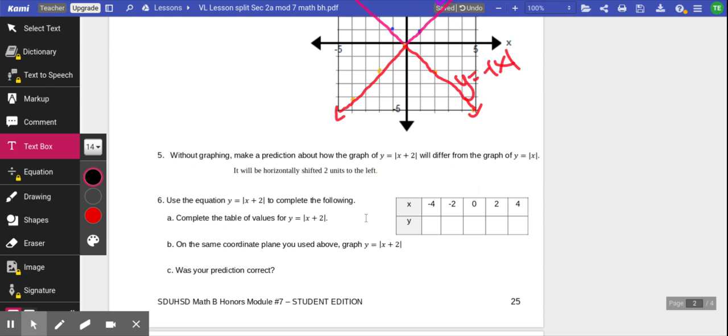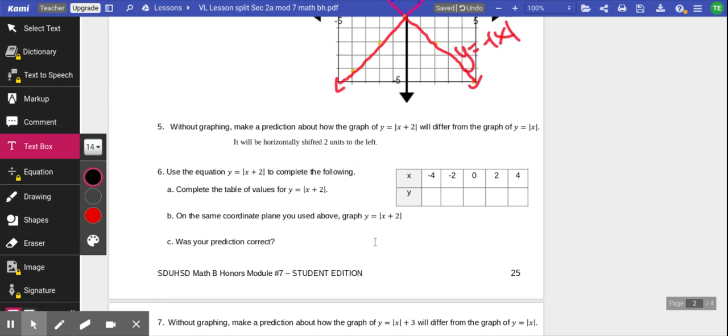So here we're going to complete our tables and double check it. -4 plus 2 is -2, and the absolute value of -2 is 2. -2 plus 2 is 0, and the absolute value of 0 is 0. 0 plus 2 is 2, and the absolute value of 2 is 2. 2 plus 2 is 4, and the absolute value of 4 is 4. 4 plus 2 is 6, and the absolute value of 6 is 6.